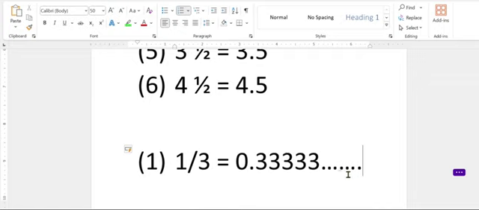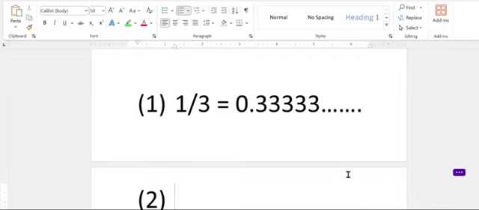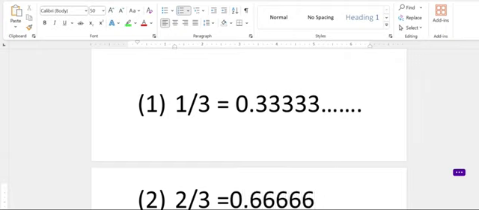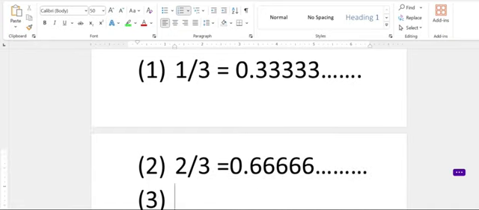So now, if you have something like 2/3, that's like saying 0.33 times 2. That's the meaning. 2/3 is like you're saying that's the decimal expansion times 2. So for 2/3, you're going to have 0.66666 up to infinity.